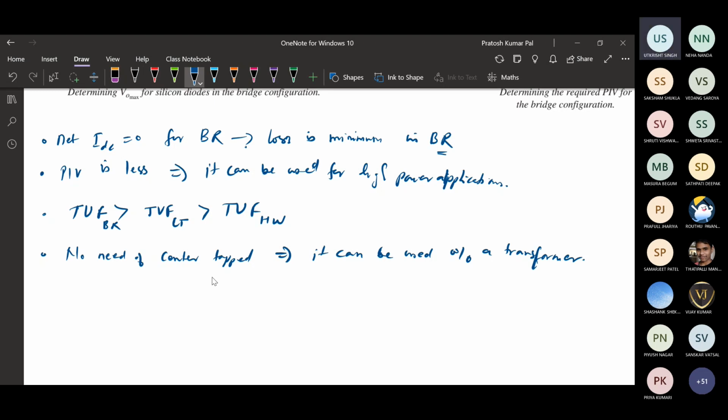Also, for the same output power, a smaller circuit is required in case of the bridge rectifier. That means it is less costly, and it has a smaller area requirement.